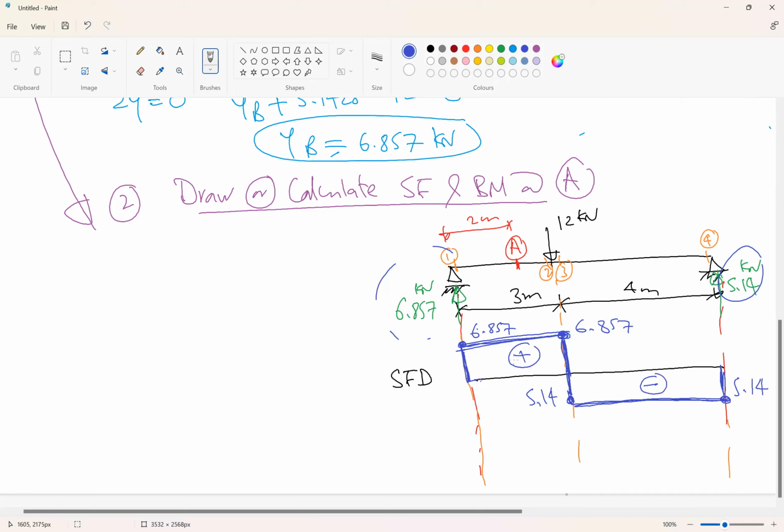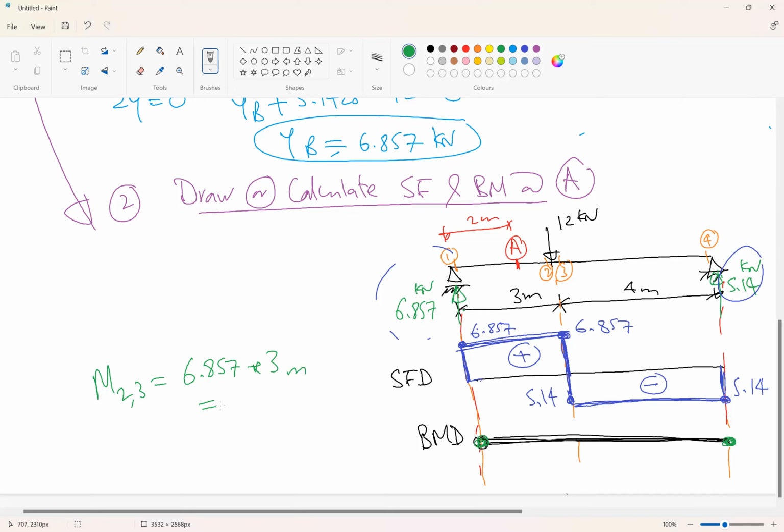The moment diagram will be, this is our data, the bending moment diagram. As you know, the moment at section 1 will be 0. The moment at section 4 will be 0. The moment at section 2 and 3, so M2 or M3, will be 6.857 times the distance, which is 3 meters.